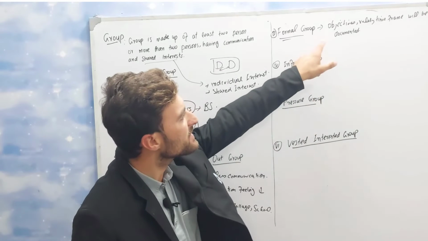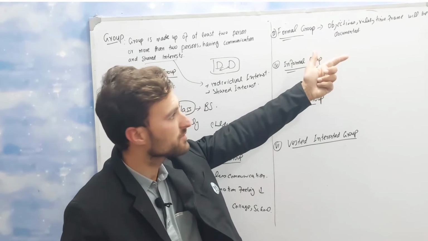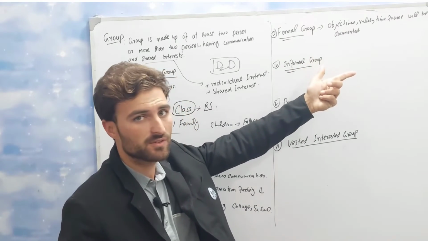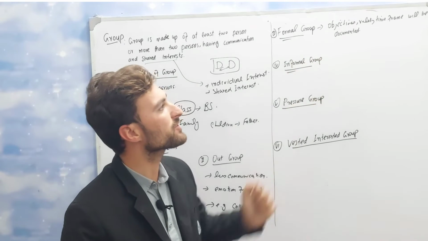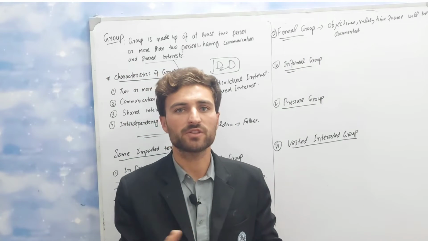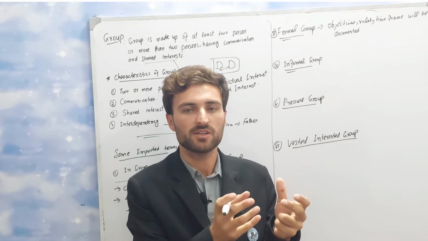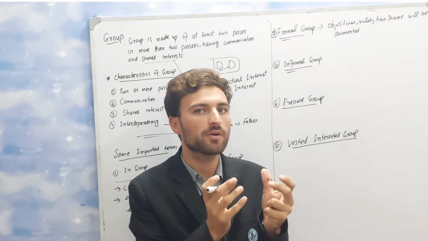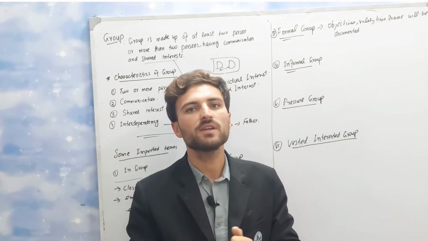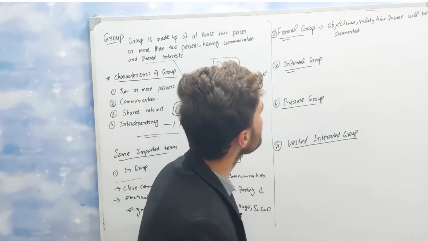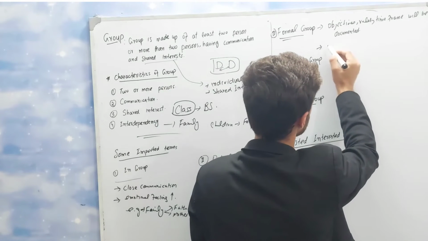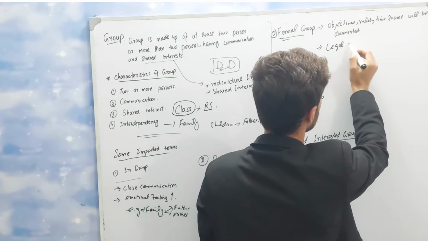So the first thing is that their objectives, their rules, and the time frame will be documented. There will be documentation for each rule, each objective, and each time frame.